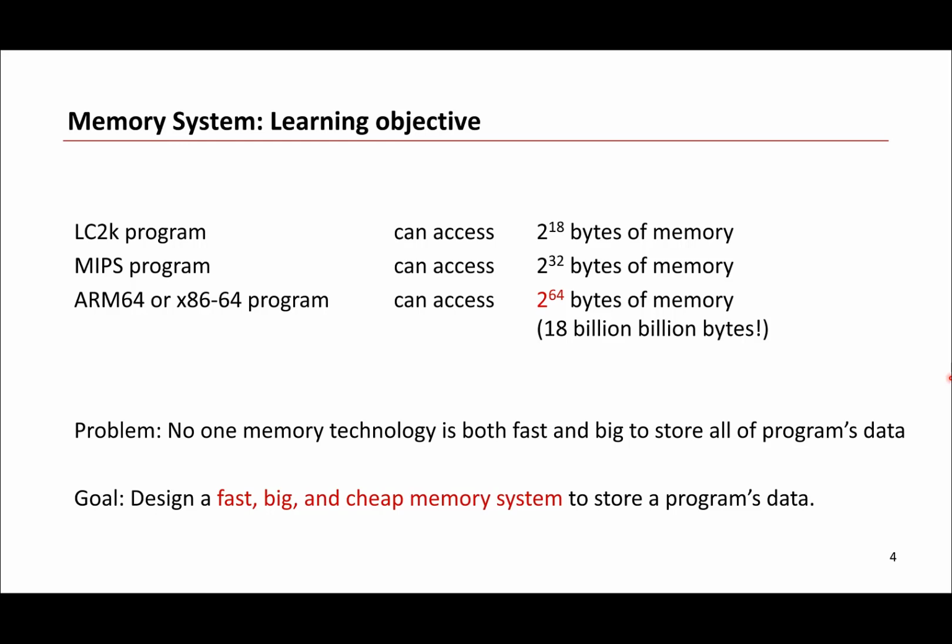The problem is no single memory technology is both fast and big enough to store all of a program's data, especially the ones that are written in modern 64-bit ISAs. So our goal is to understand the principles behind designing a memory system that is fast, big, and cheap to store a program's data.